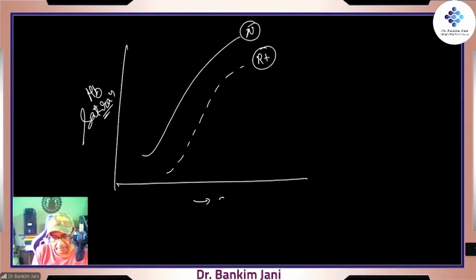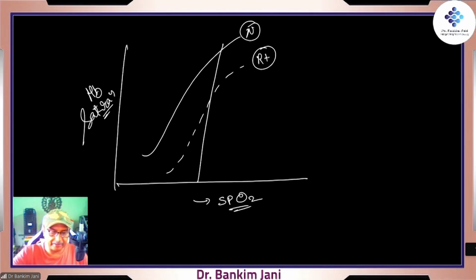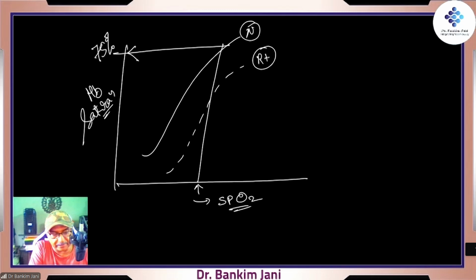And over here, it is the pressure, how much oxygen is present. When we draw it like this, at any specific pressure, normally this much oxygen would be carried by hemoglobin, let's say 75%.